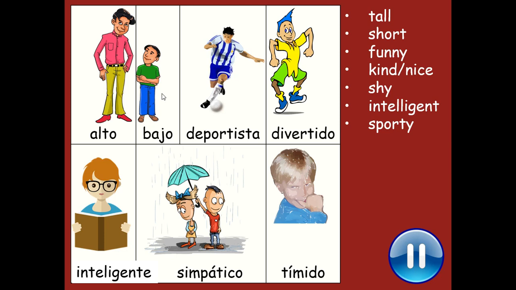Divertido is funny. Inteligente is intelligent. Simpático is either kind or nice. It doesn't mean sympathetic, that's something different. And the last one, tímido, means shy. So it's a bit like the English word timid as well.